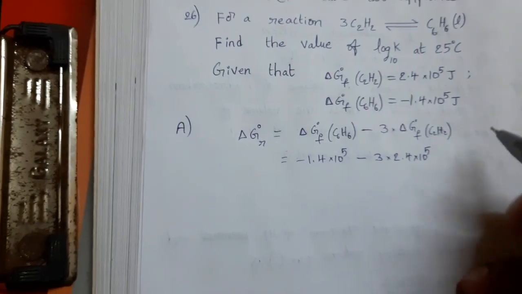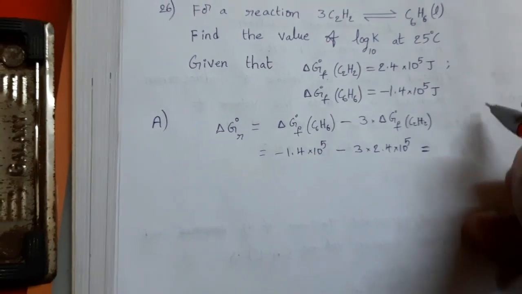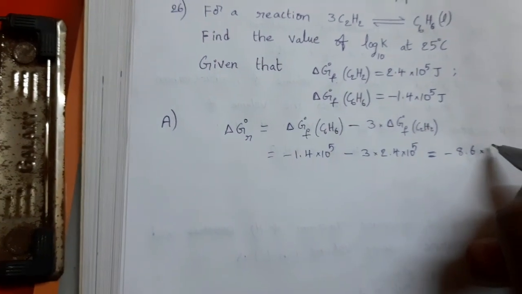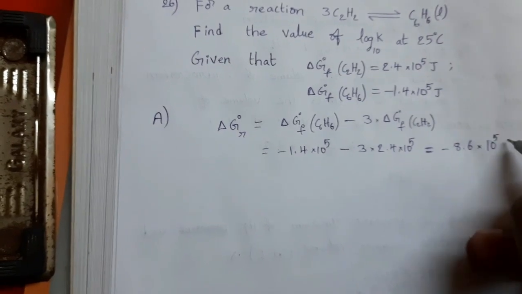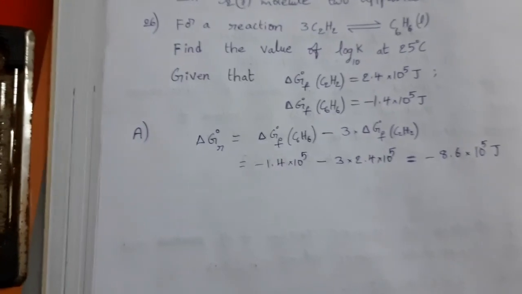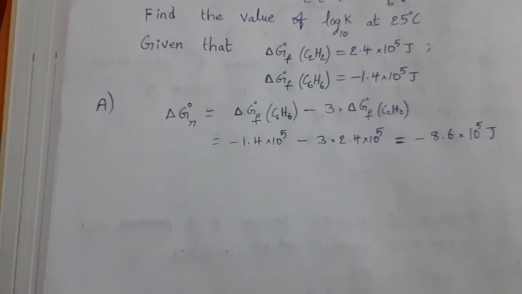From this we can get change in Gibbs free energy of the reaction, that is minus 8.6 into 10 power 5 joules.